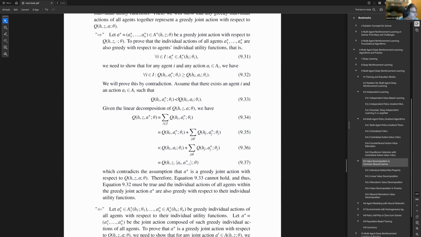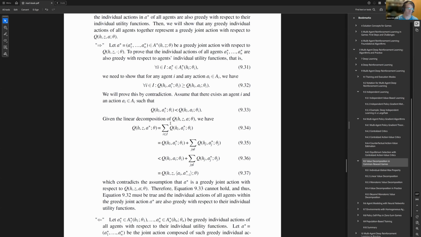And so starting from this assumption, which is going to end up resulting in a contradiction, what they do is go back to the definition of the utility functions, which is that we're assuming we have a linear decomposition here, so we can represent this as the sum of these utility functions, with the same inputs. This is effectively A star. We're just breaking out all the A's into their individual utilities.